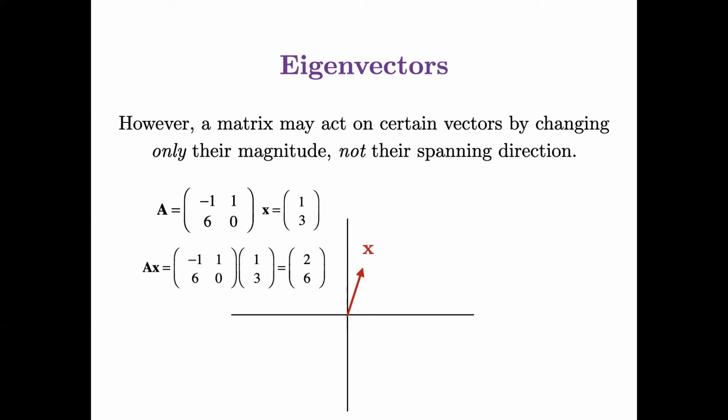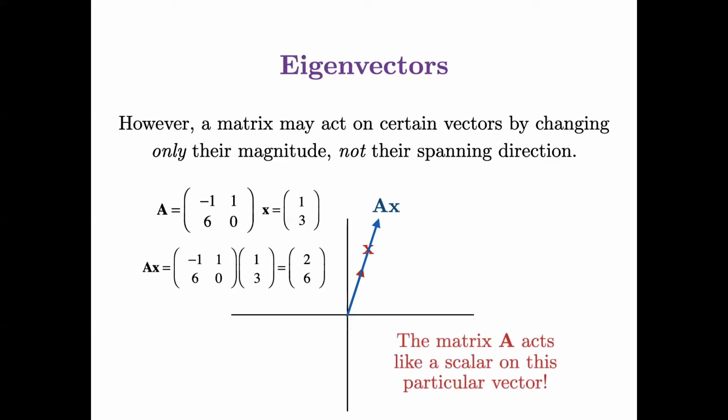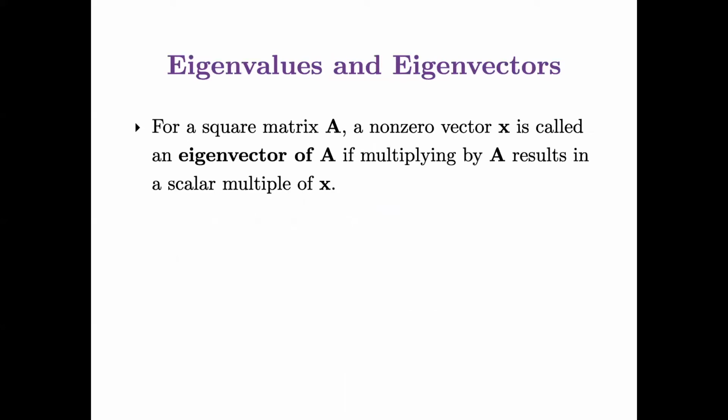So here I have the matrix A, the vector x, and when I multiply A times x, I get a vector that looks like a scalar multiple of x. So all this multiplication and addition I did with this matrix-vector multiplication had the same effect as if I had just multiplied x by a scalar number. And that is the definition of an eigenvector for a given matrix.